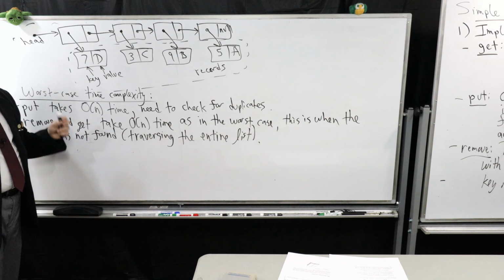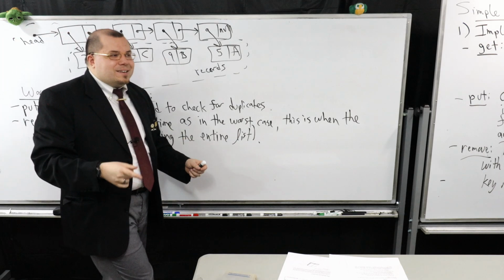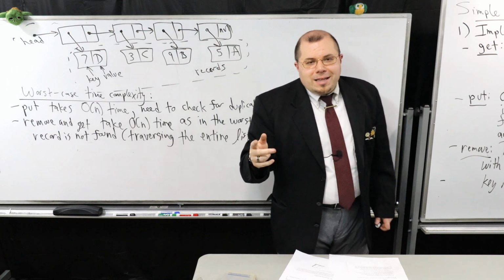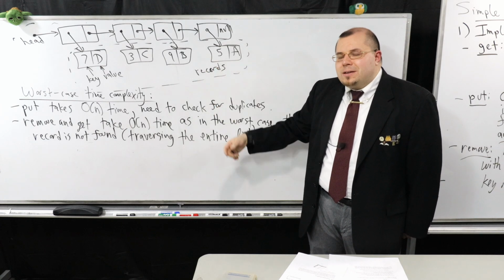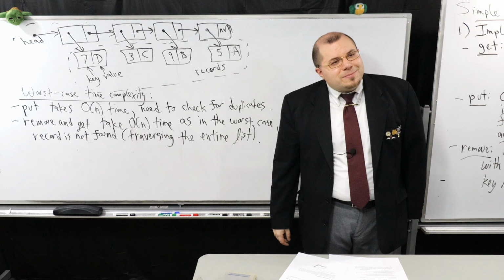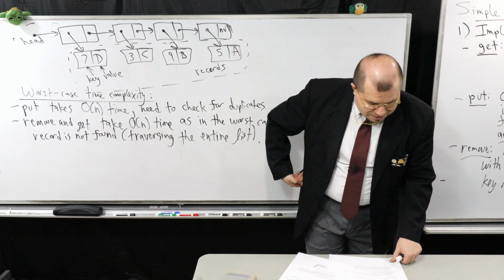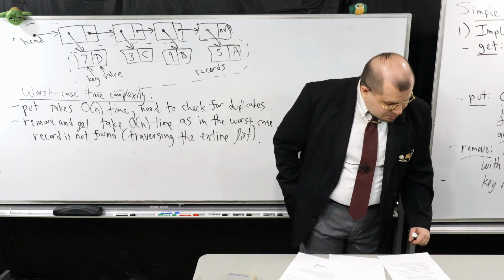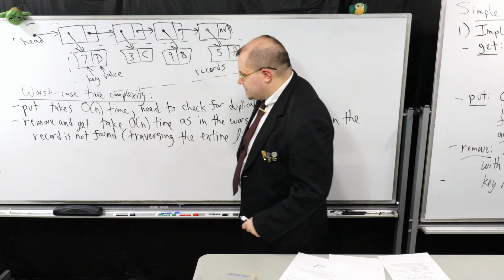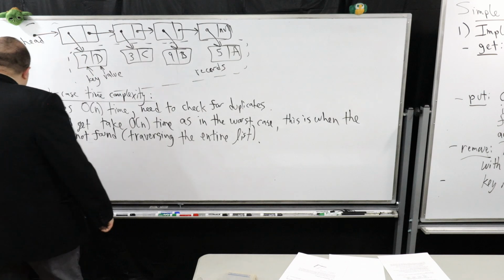However, it would matter if I could actually index into the positions, knowing that the collection is sorted already. If I can index any one position, just like an array, that might change. So that's another way I can implement the dictionary: I could use a sorted array. So let's talk about a sorted array.